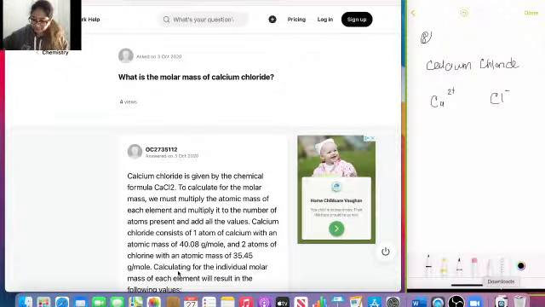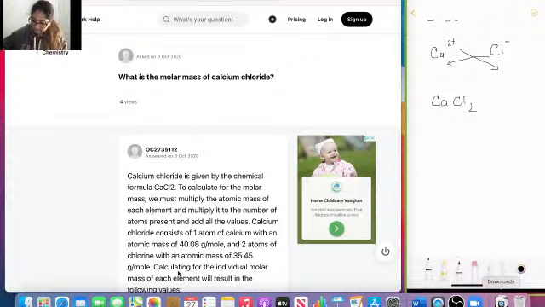When you're writing the chemical formula, the superscripts become the subscripts of the other element, and you just interchange. You don't really write the 1, it's just negative. So you basically have CaCl2, and this is the chemical formula for calcium chloride.